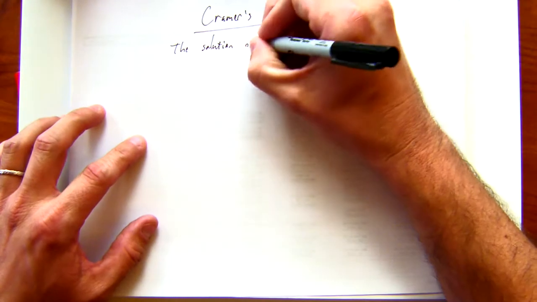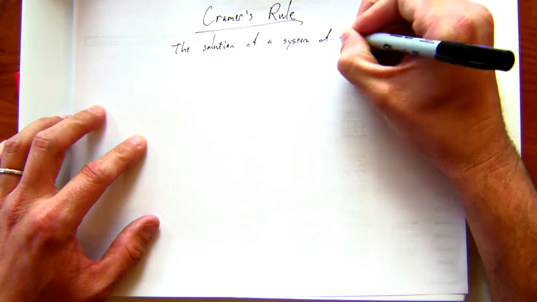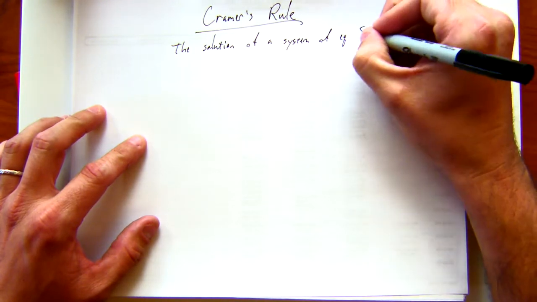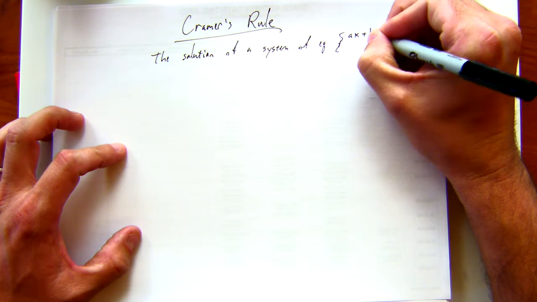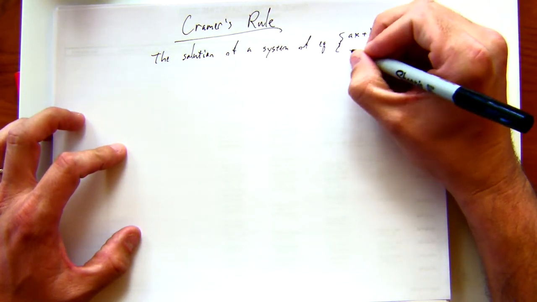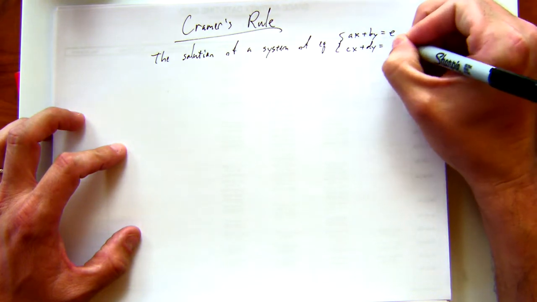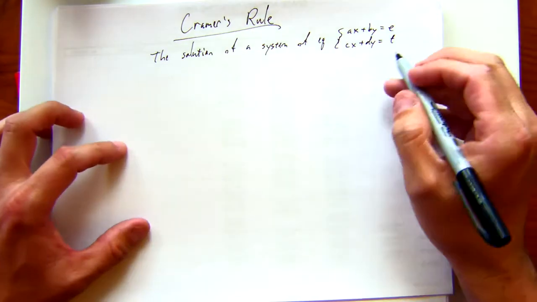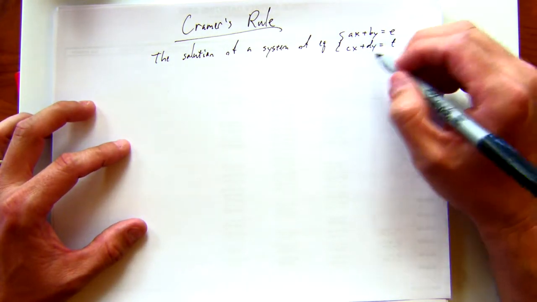So the solution of a system of equations, and we'll give the system something like this. We'll say it's ax plus by is equal to e, and then cx plus dy is equal to f. That's just a system. All your coefficients and constants are these a's, b's, c's.